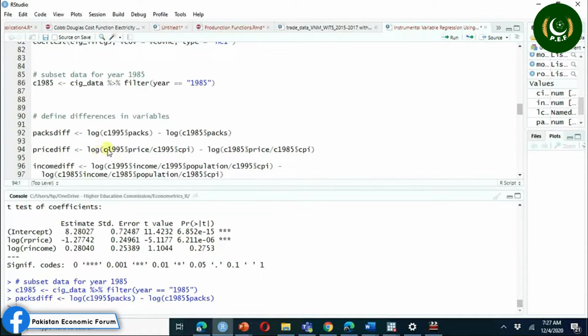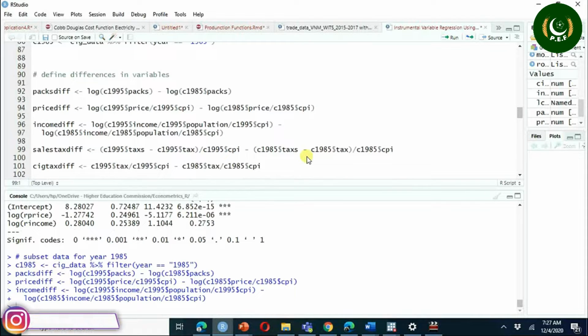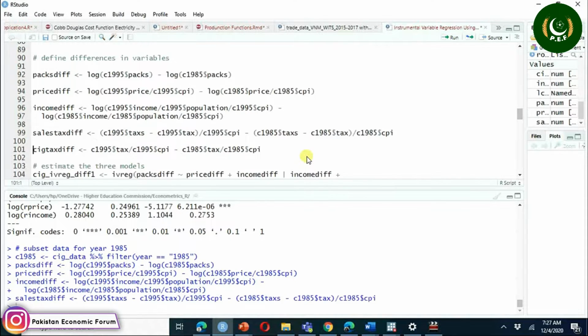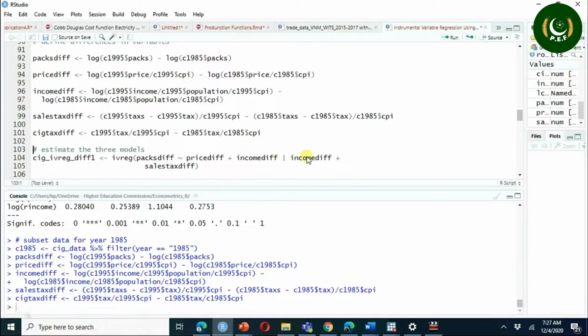Again, I am going to calculate C, 1995 data, dollar price divided by its CPI. So we are going to calculate these variables, and again all those variables: cigarette consumption, real price, income, sales tax, cigarette specific tax.